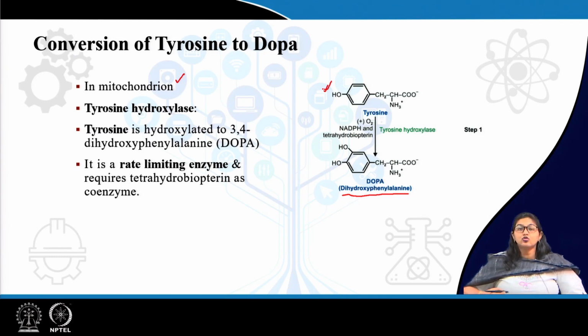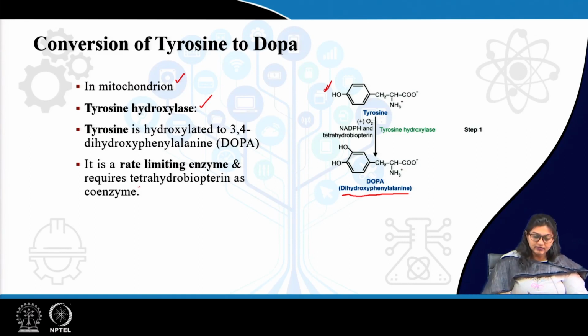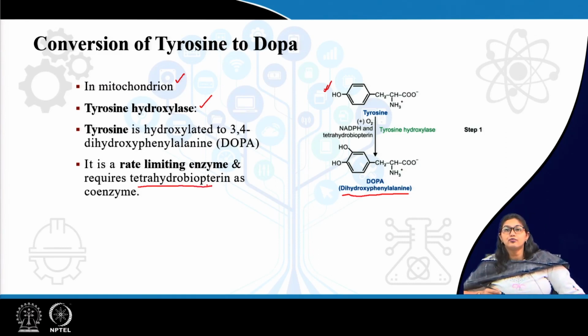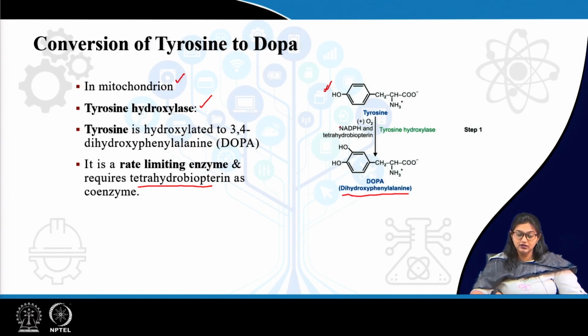Another hydroxyl group is added to form dihydroxyphenylalanine, and the enzyme is tyrosine hydroxylase. Now, remember, this enzyme is the rate limiting enzyme for catecholamine synthesis, and the coenzyme here is tetrahydrobiopterin, and NADPH is also required in this pathway.